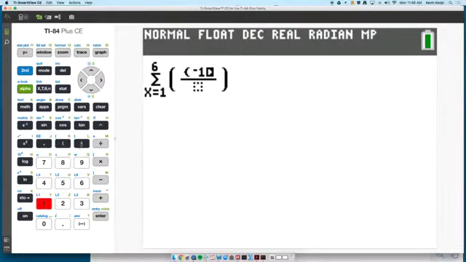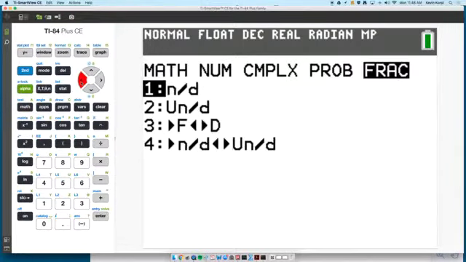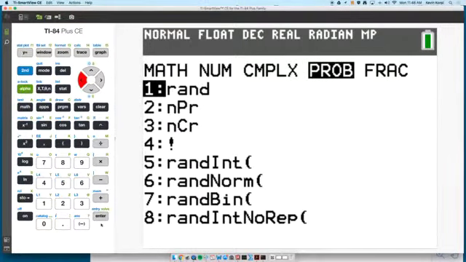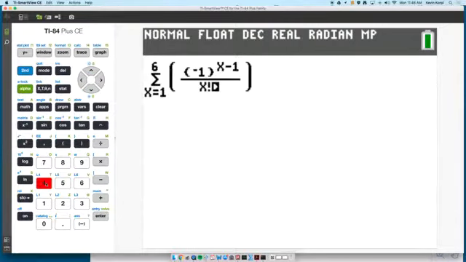Parentheses -1 raised to the x minus 1 power. So again, it's going to treat x as a whole number because we're in sigma notation, not a real number. And then x factorial, x, and then if you hit math, click to the left to probability or right, it's number 4.